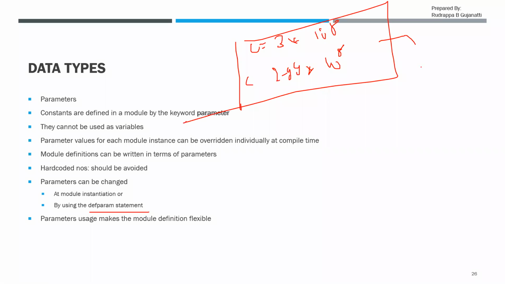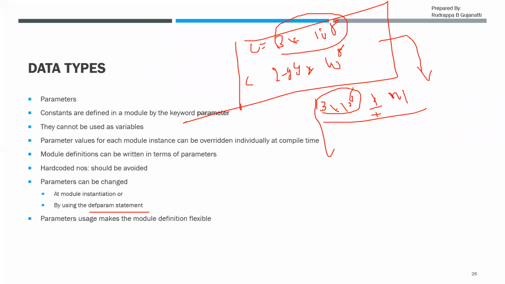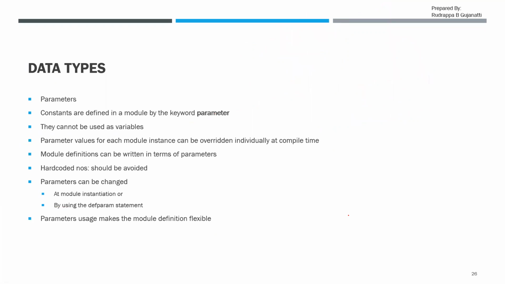It will be reflected wherever it has been used, instead of using this value directly, that is, specifying that 3 into 10 raised to 8 has to be multiplied with some n1, or subtracted, added. Imagine if there are hundreds of these, and I want 2.9 instead of 3, you would have to go and change every location. That is what we can look out for when we are dealing with parameters.